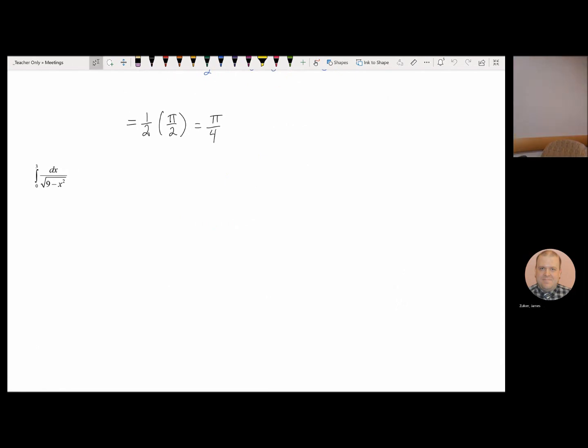Integral from 0 to 3 of dx over the square root of 9 minus x squared. Well, the interval's not infinite.